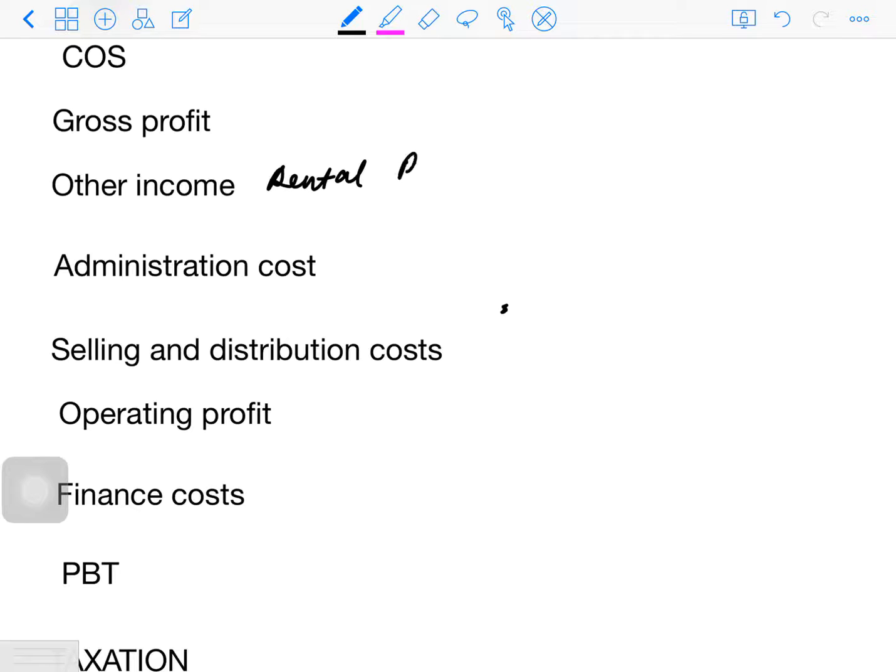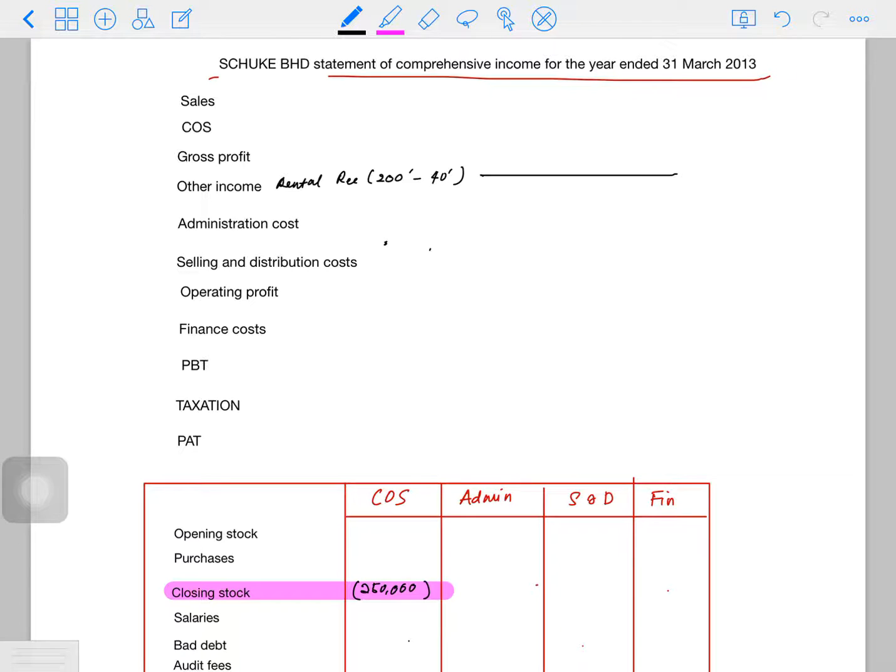Which is you receive 200 minus 40. This is your receive in advance. Okay, you minus 40. So here you get 160,000 rental received.